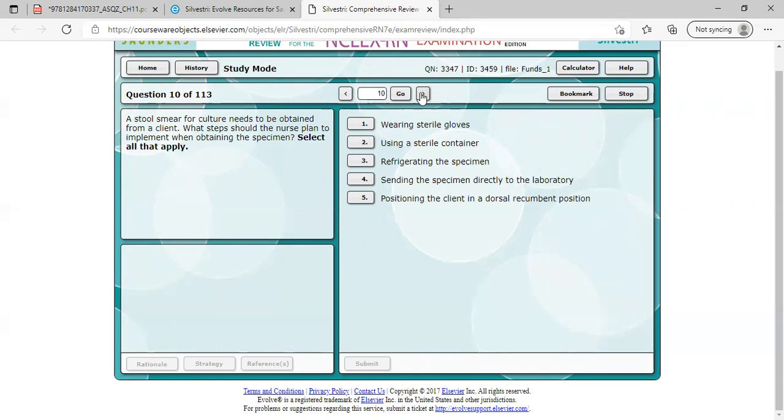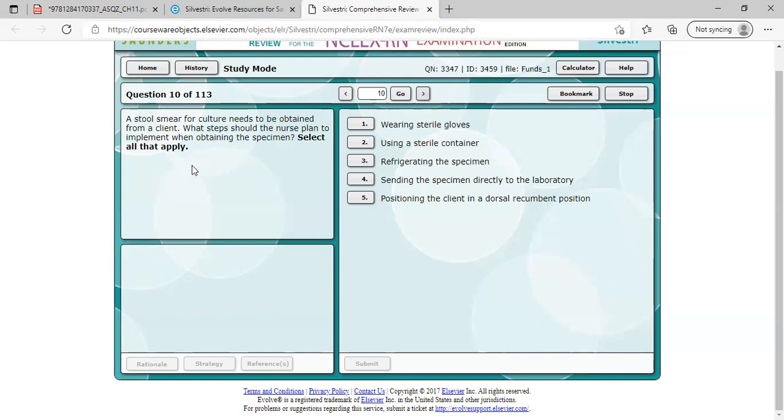Here, another specimen we chose. This one, the stool smear for a culture need to be obtained from a client. What steps should the nurse plan to implement when obtaining stool specimen?